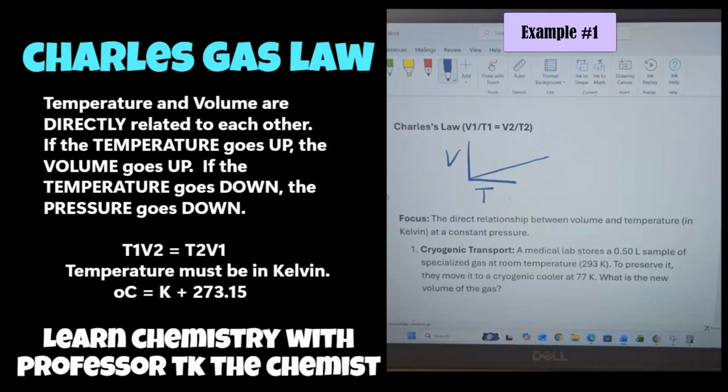That means there's a direct relationship. That means that if my volume increases, my temperature is going to increase. If my volume drops, my temperature is going to drop. So if my volume doubles, then my temperature is doubling. Okay?